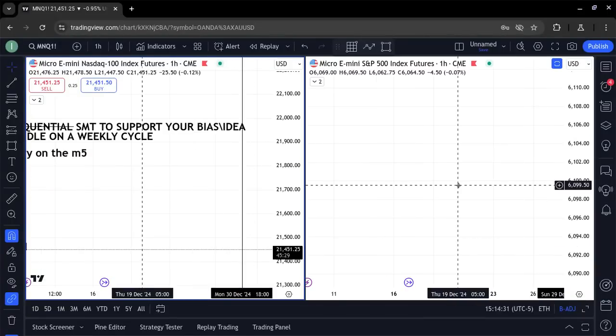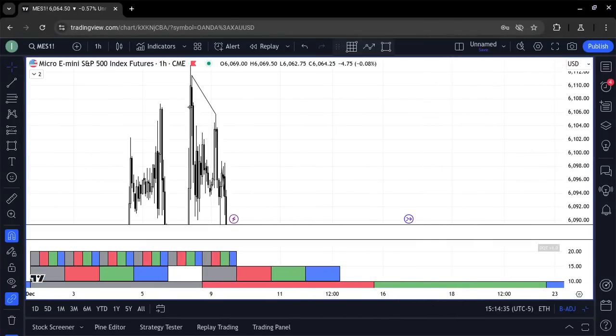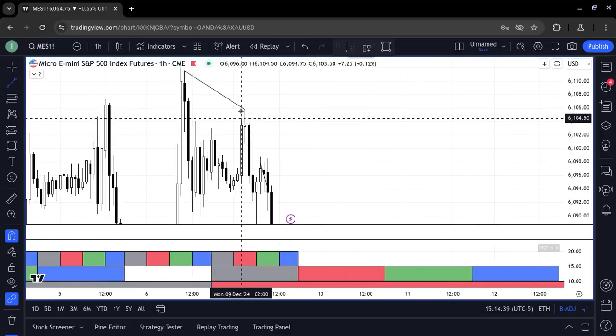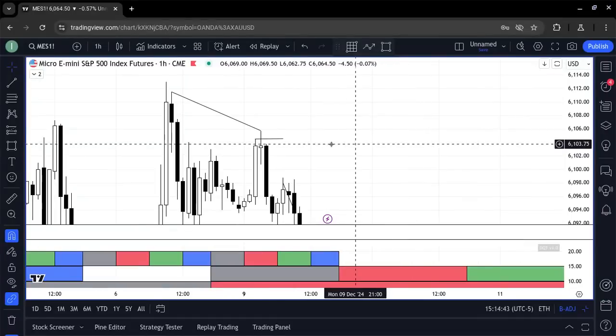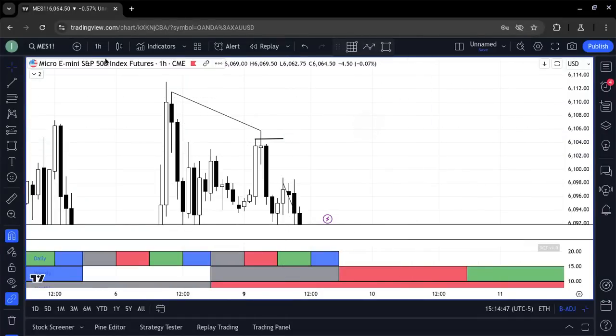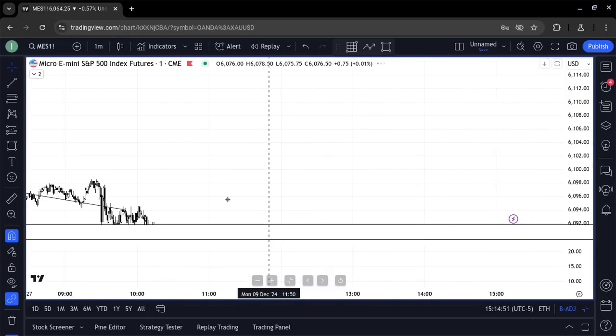What happened? You're looking at the candle range high. Okay, if this is the candle range high, then there will be a 1 minute or a 5-minute change in the state of delivery.